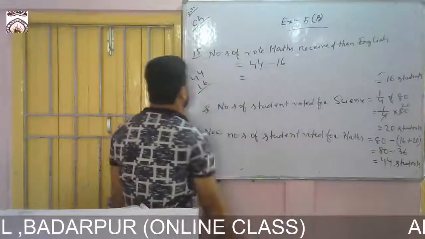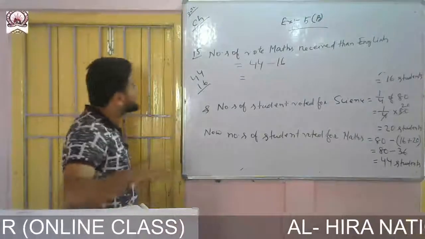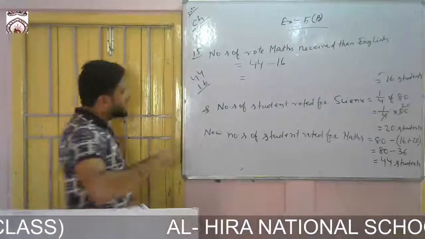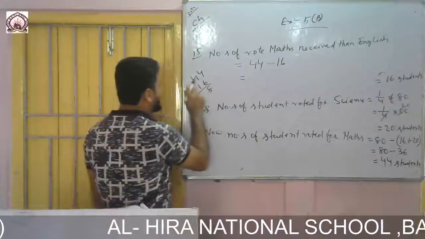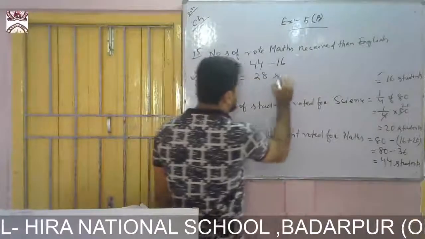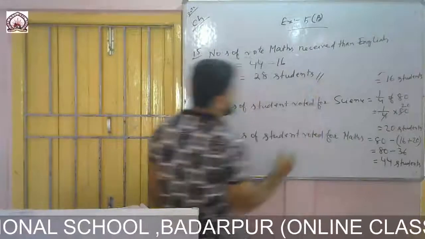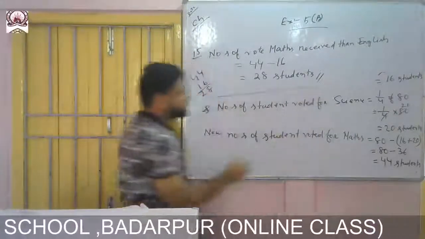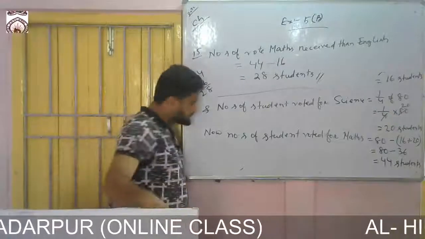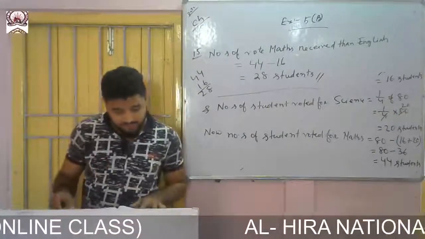If I subtract 44 and 16, 14 minus 6 is 8, remain 3, 3 minus 1 is 2. So 28 students. So that is the answer. So this is the end of this 5B exercise.